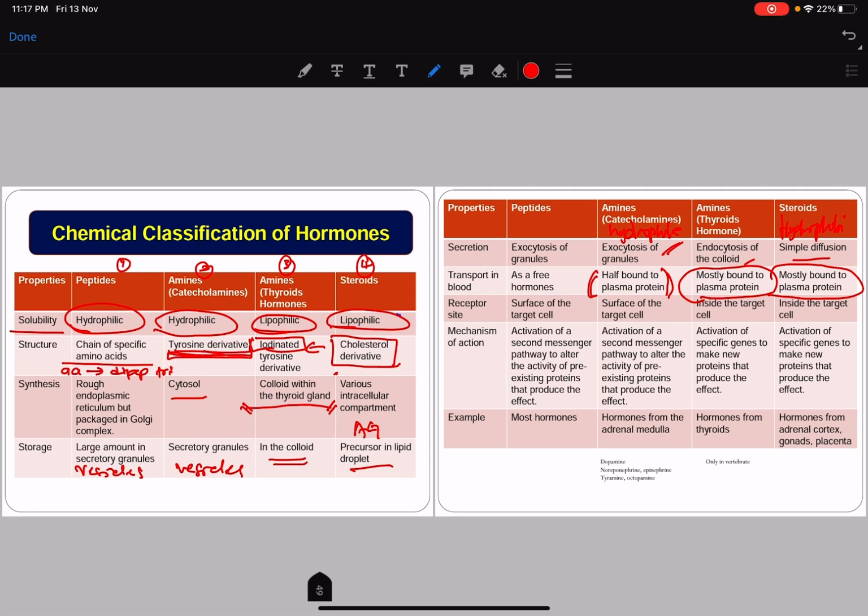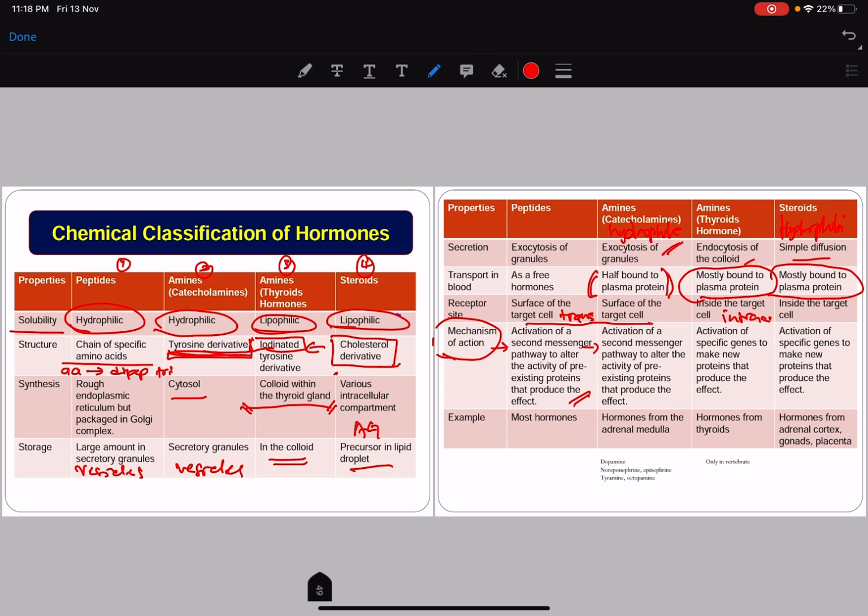The receptor sites for peptides and catecholamines are on the surface of the target cells, transmembrane receptors. For amines, thyroid hormones and steroid, intracellular receptors. Mechanism of action: for peptides and catecholamines, activation of a second messenger pathway, which alters the activity of pre-existing proteins that produce the effect.